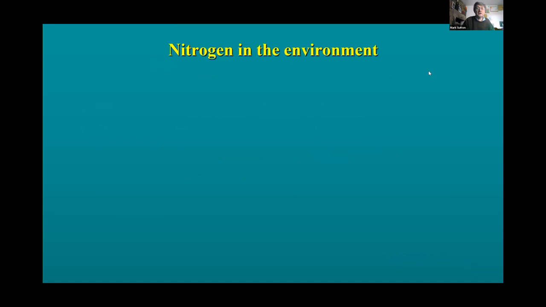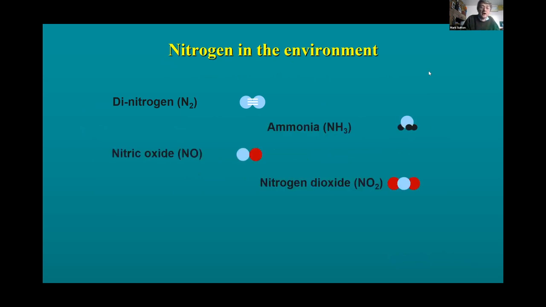So that's our mission. Just to remember the different forms: dinitrogen, 78% of every breath we take, with a very stable triple bond, means that it's not doing much other than giving stability to the atmosphere. Ammonia, nitric oxide and nitrogen dioxide are the classic NOx, together urban air pollution, but also coming out of soils.